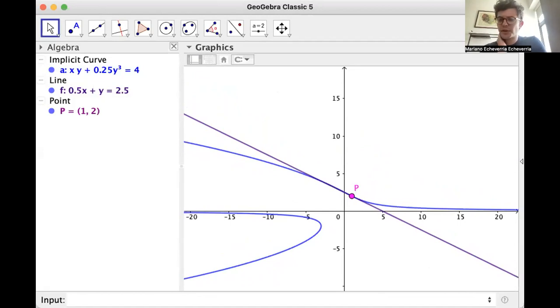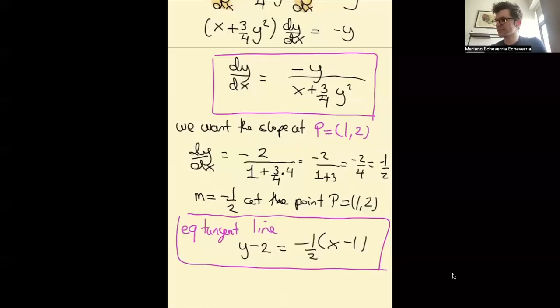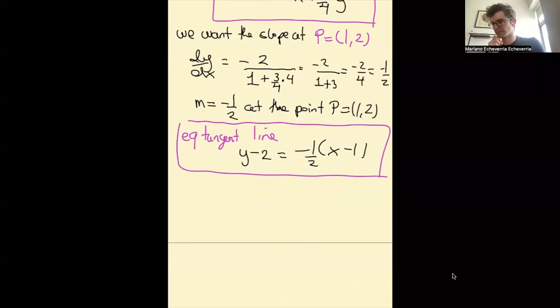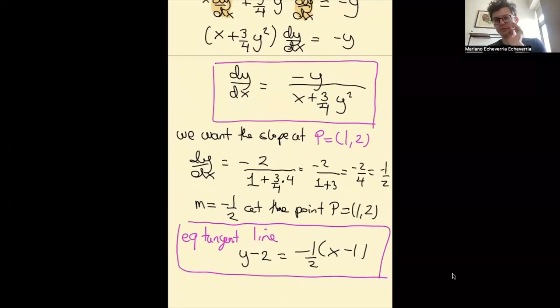The cool thing about this method is that at no point did you ever find y explicitly as a function of x. You see? But still you can find the derivative, even if you don't know the formula for y. Is that okay? Okay, so this is more or less what I wanted to tell you about this method.